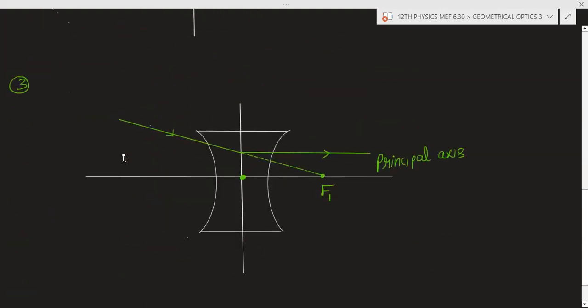And if a ray of light is just going towards F1, then it will become parallel to the principal axis.